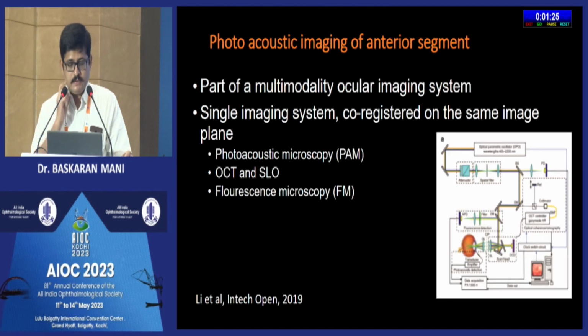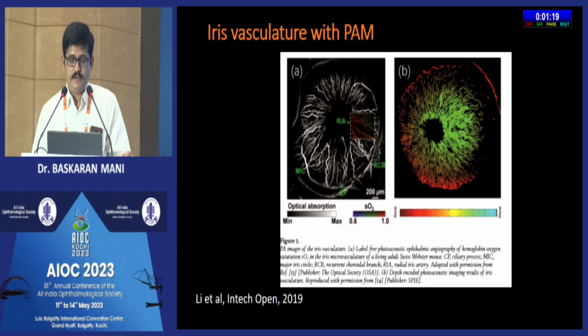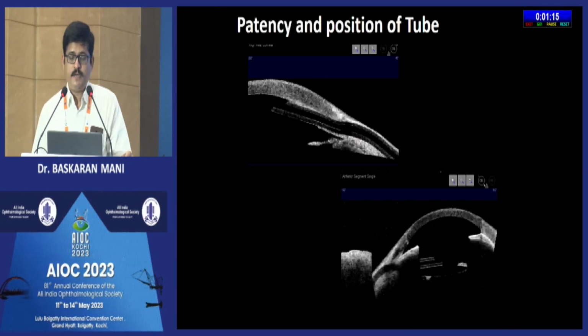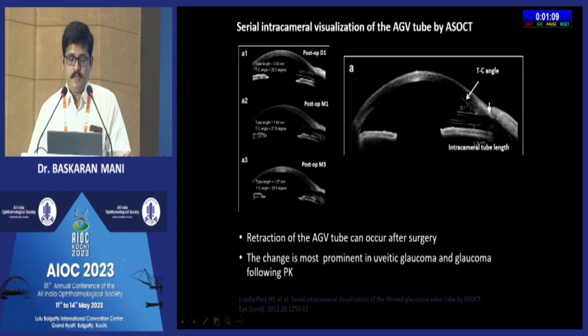And last, the photoacoustic imaging, where the ultrasound and the OCT advantages are used together in looking at various vasculature as well. We don't know yet whether this gives more advantages than the OCT or not. And of course, the tube's position, patency, and with time, what happens to the tube, whether it comes forward and affects the cornea, intervening at the right time.